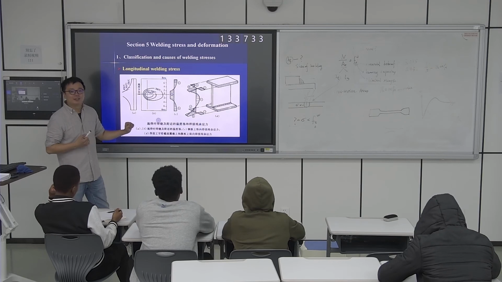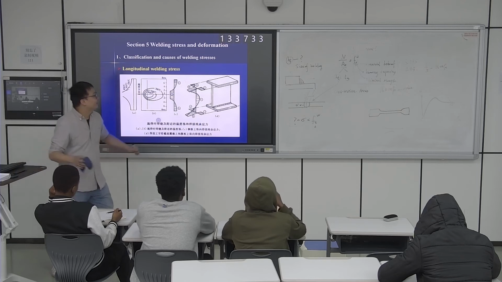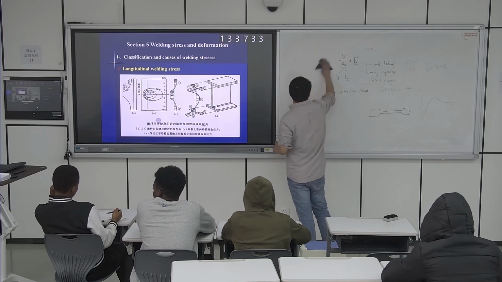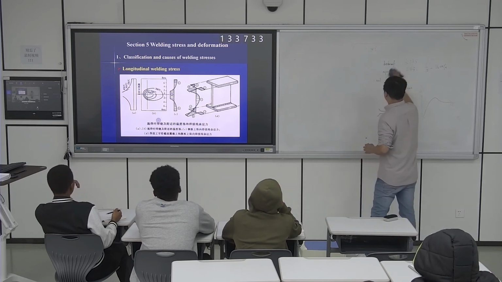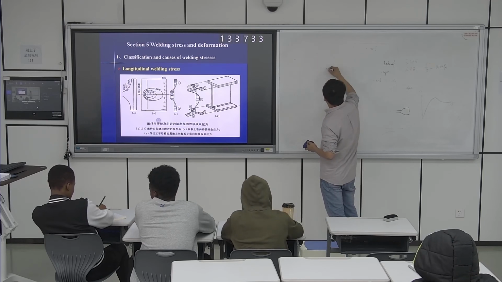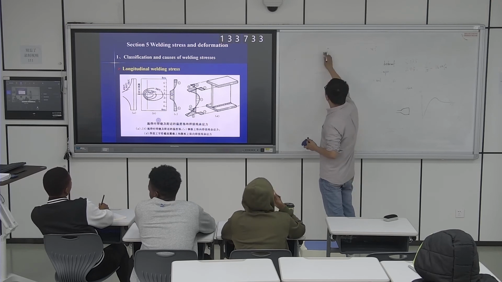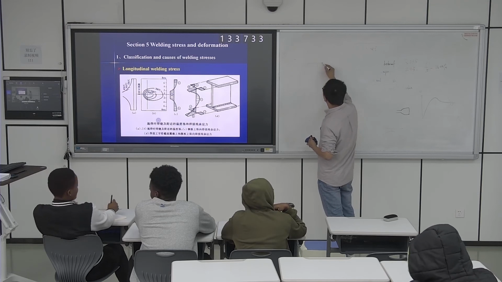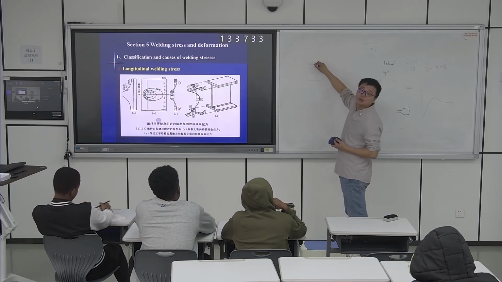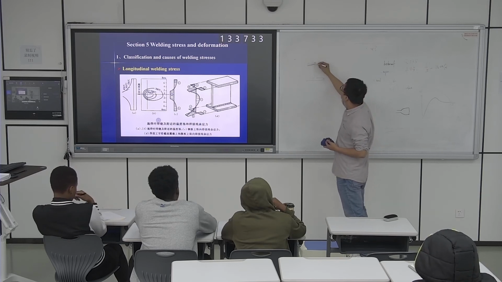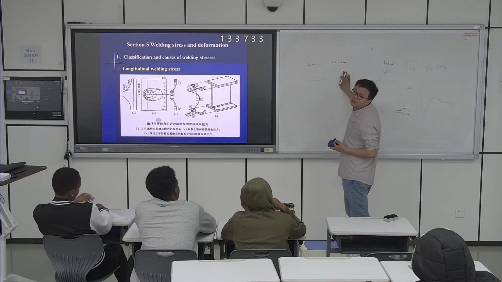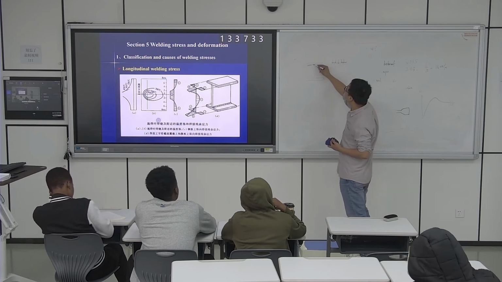Why is it nonuniform? Think about it: once a force is applied here, normally the force will produce a compression, and the compression normally is uniform, right?